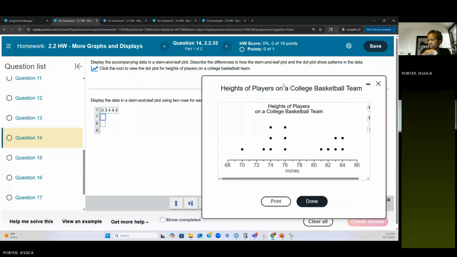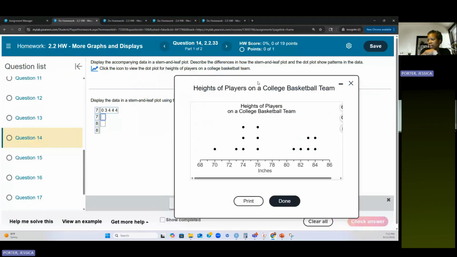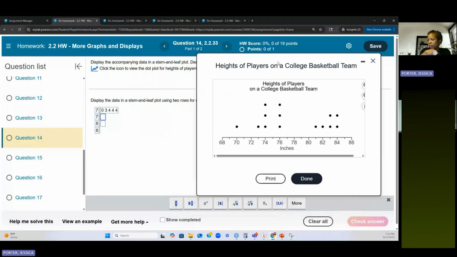I think you just type the number. What about the stems? They repeat only if specified, right? And generally you only have 2 rows for the stem as opposed to maybe 3 or 4. Generally it's just 2. What's going to be in the second 7?